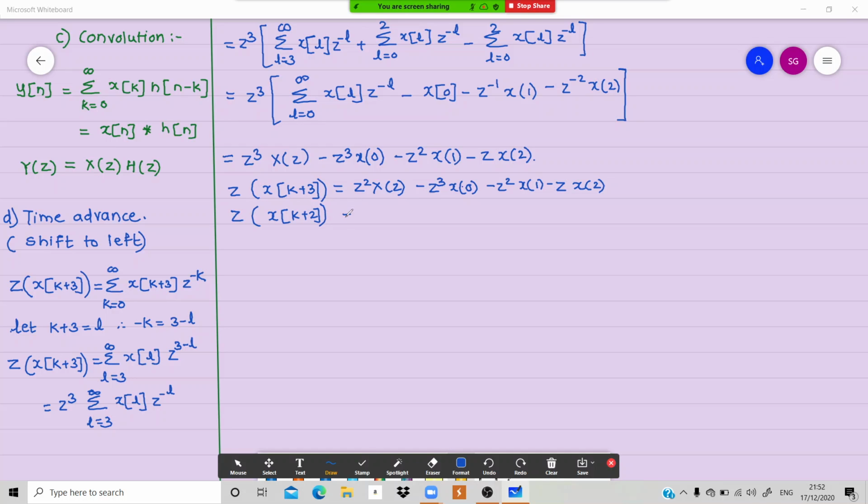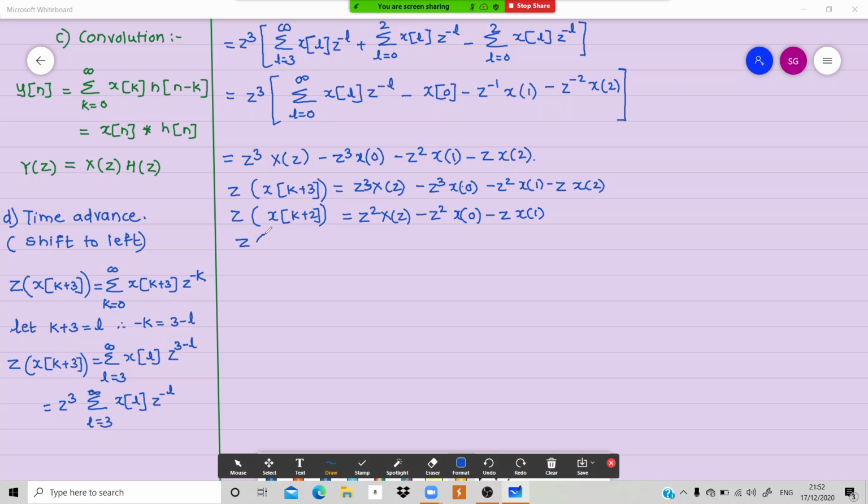On the same line, assume you have to write x(k+2). So what will you write? Oh, I made a mistake. It should be cube. So now square is shift by 2, so it will be z square X(z) minus z square x0 minus z x1. Correct?